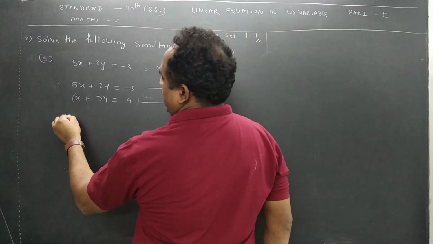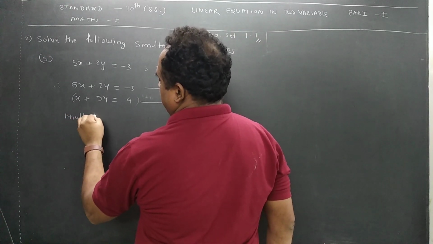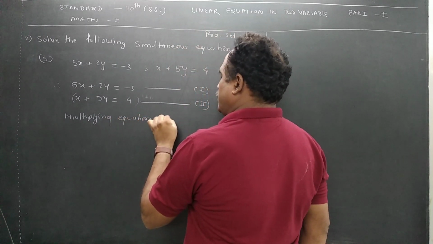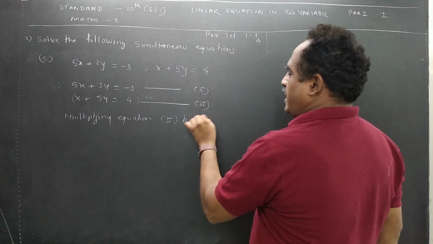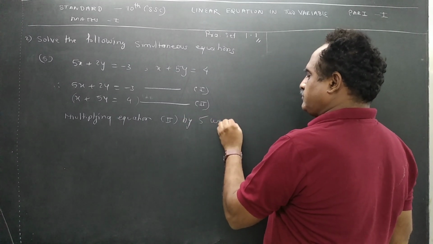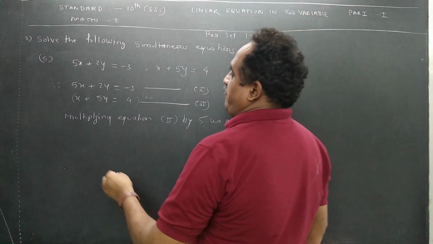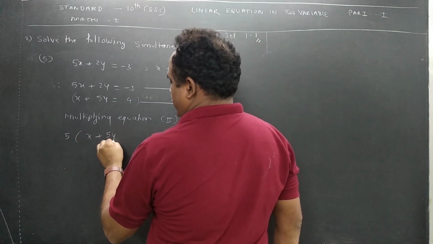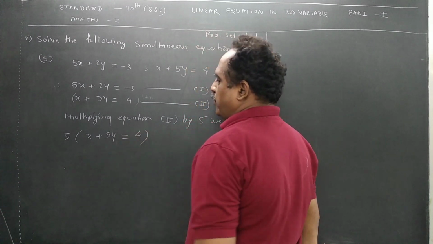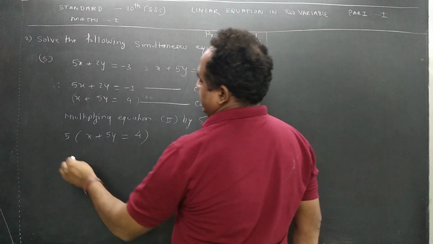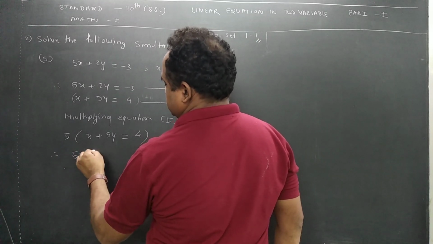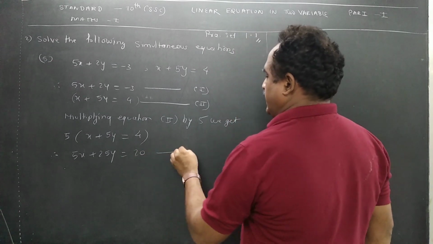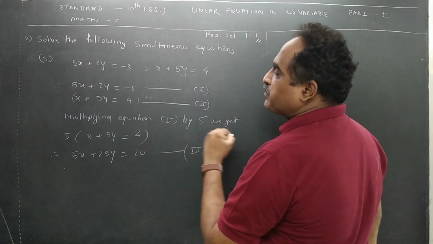So you will do one thing, multiplying equation 2 by 5. So 5 in bracket x plus 5y is equal to 4. So 5 into x is 5x plus 25y is equal to 5 4s are 20, which is equation number 3.